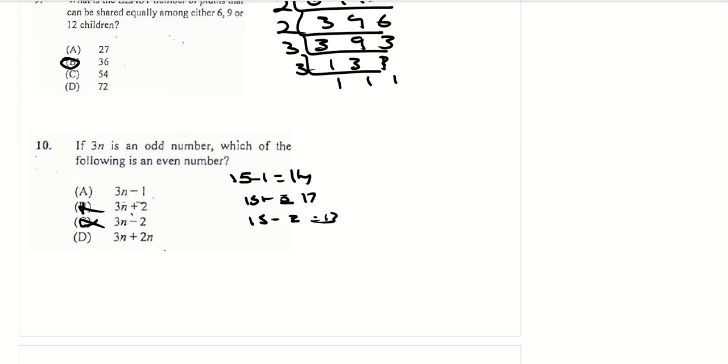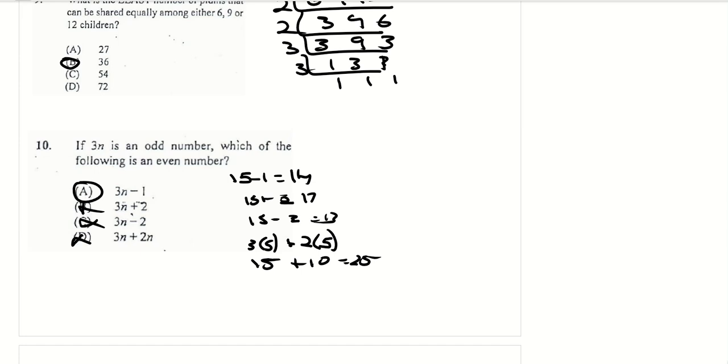If 3n is 15, then n is 3 multiplied by what would give you 15? 3 by 5 is 15. So 3 fives are 15. 15 plus 10 is 25, so that is out. So D is out, so the answer is E.